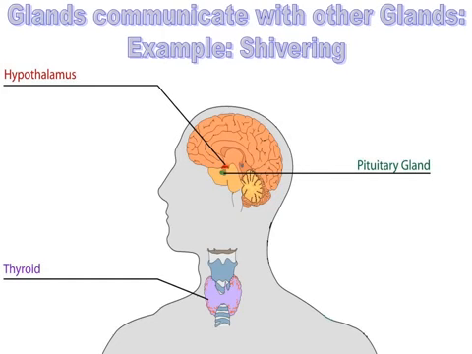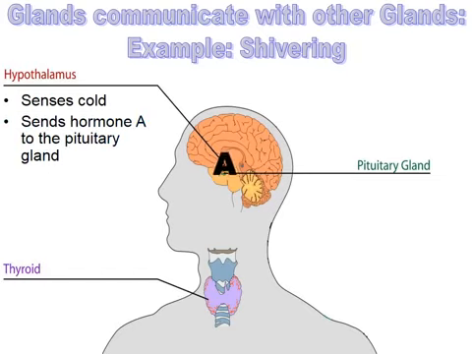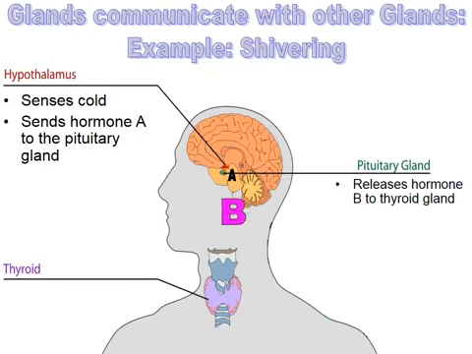So before we're done with this presentation, I want to show you an example of how glands communicate with other glands. For instance, shivering. Three glands here: the hypothalamus, pituitary, and thyroid. The hypothalamus acts like the thermostat, and it'll sense that you are cold, and it will release a hormone down to the pituitary gland. I'm just going to call it hormone A for the sake of this animation. The pituitary gland will receive hormone A, and the pituitary gland will respond by releasing hormone B through the bloodstream down to the thyroid gland.